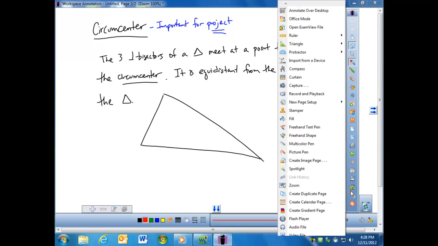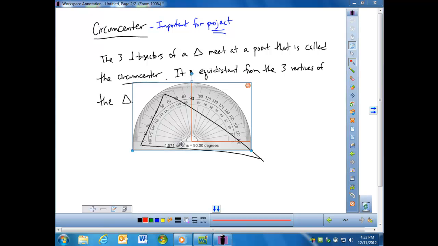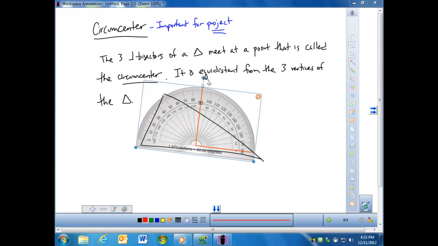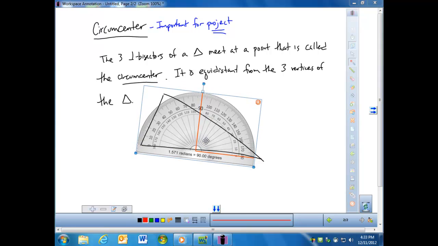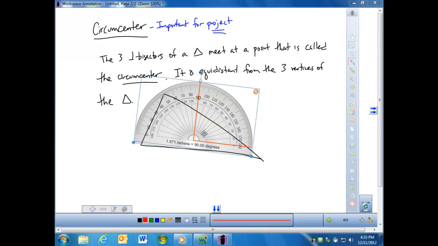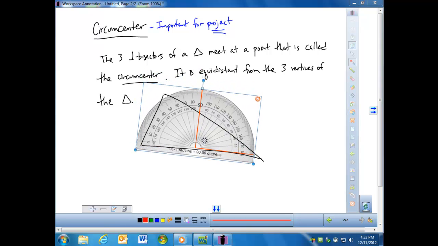Well, let's not eyeball. Let's actually go ahead and do some work here. I'm going to put my protractor on here. And again, I am kind of just guessing here a little bit. I'm cheating, I know. You could use a ruler for this. What you really should do on your project is use a ruler, find the midpoint of the segment, put a point there, and then use a protractor to create a 90-degree angle.